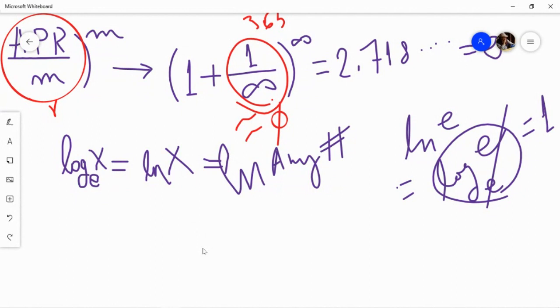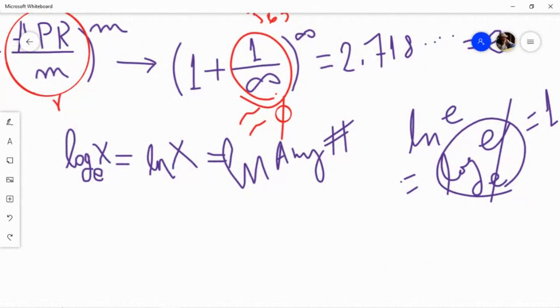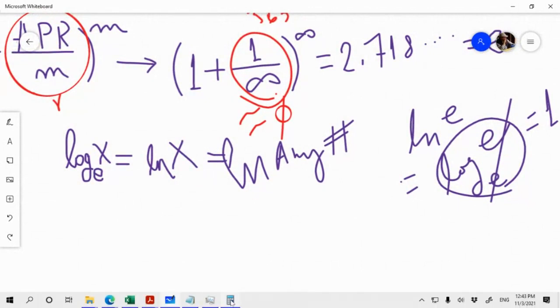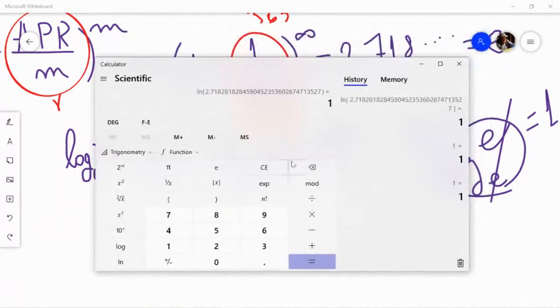Of course, I wish I could show you the phone, but on the phone, if you turn it into a scientific calculator, you will see both the natural log and E, Euler's number.